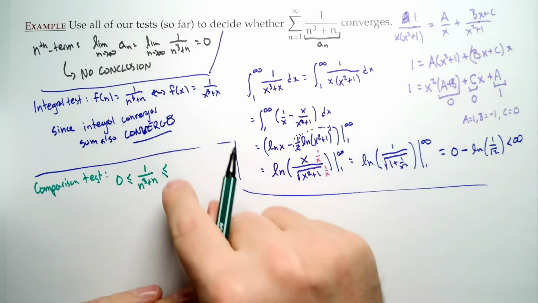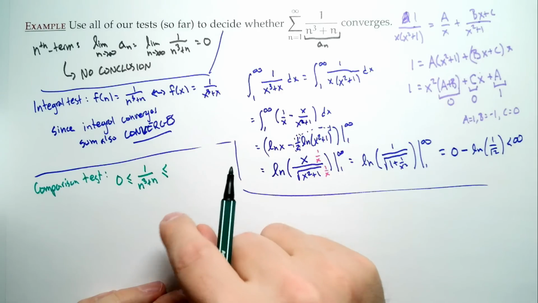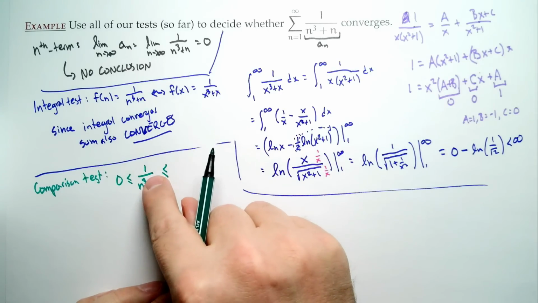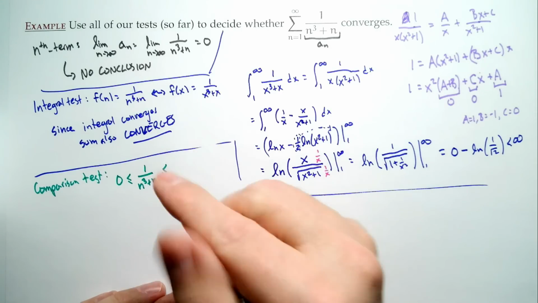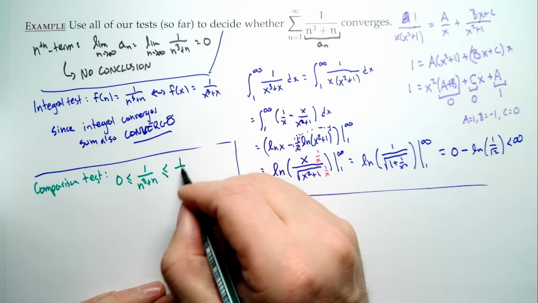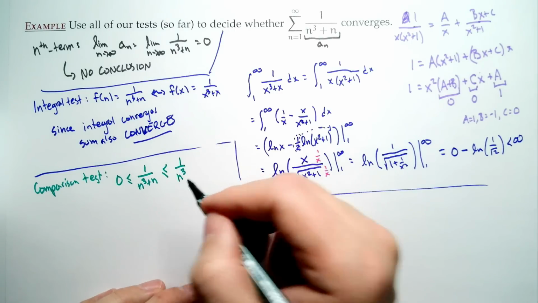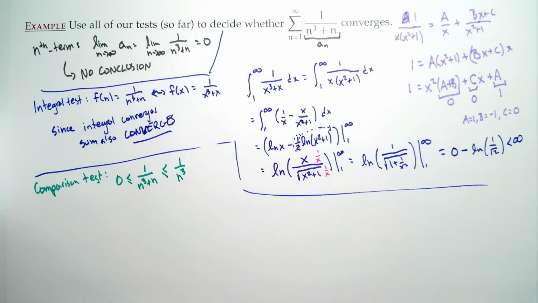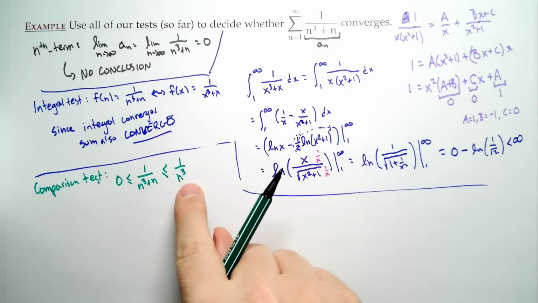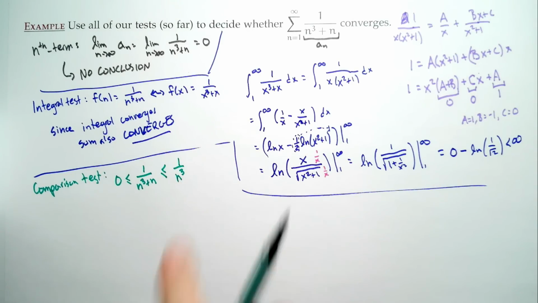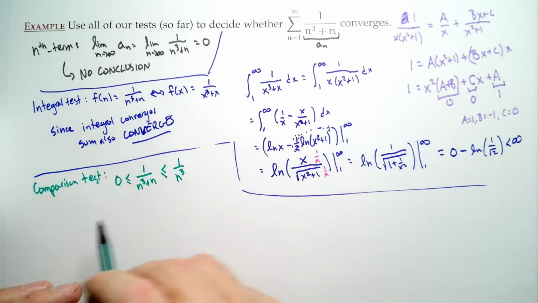So, can we fit something in here which converges? Well, the answer is we just take out the plus n. If we take out the plus n, our denominator is going to be n cubed. It's a smaller denominator, therefore it's a larger value. All right. And so we set that up.